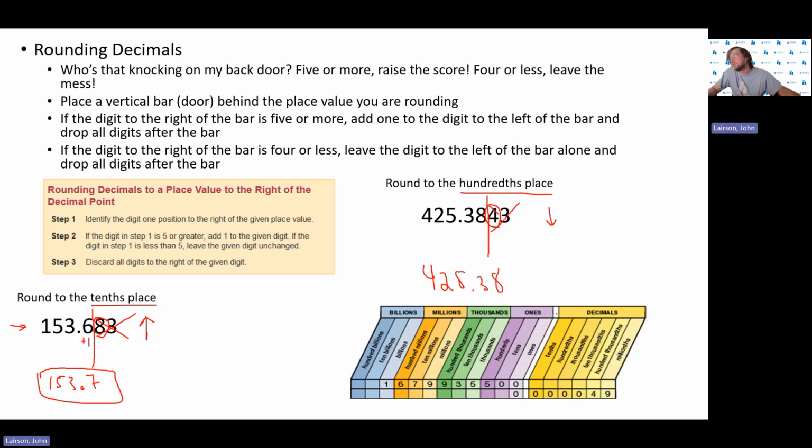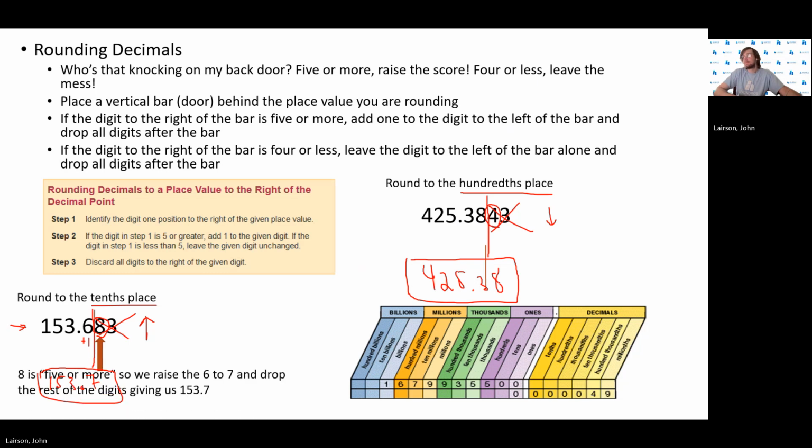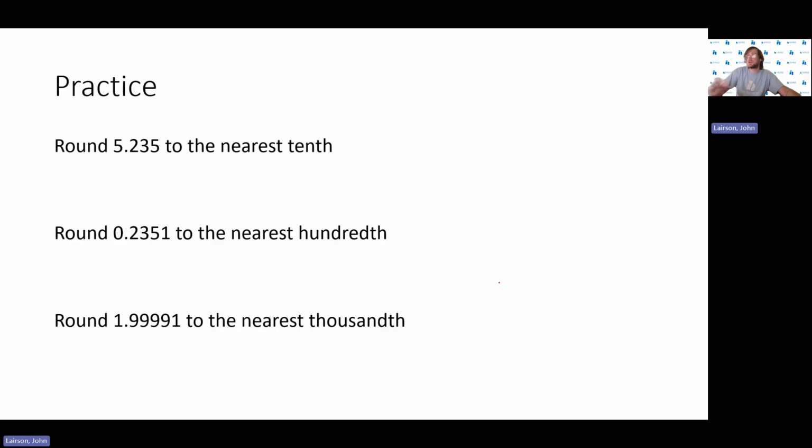But I still dropped everything to the right of my line. So 425.3843 rounded to the hundredth is 425.38. That's my answer. You can see the animation is just doing exactly what I said there.